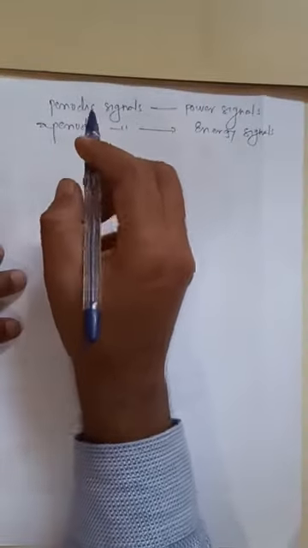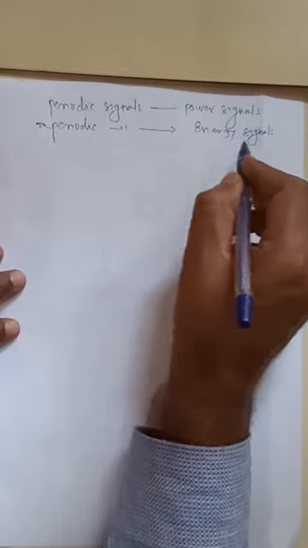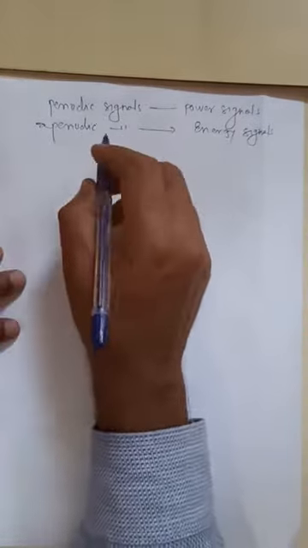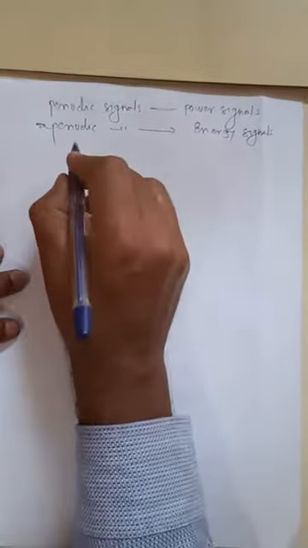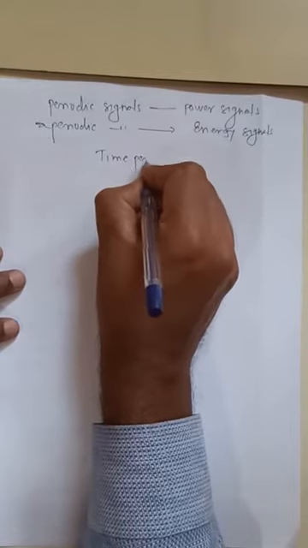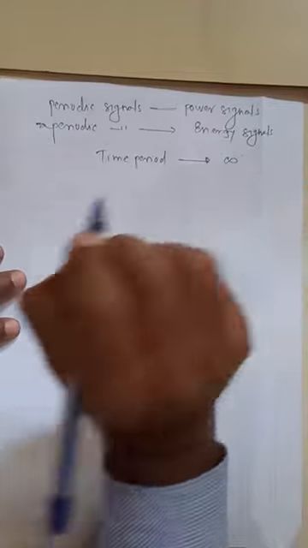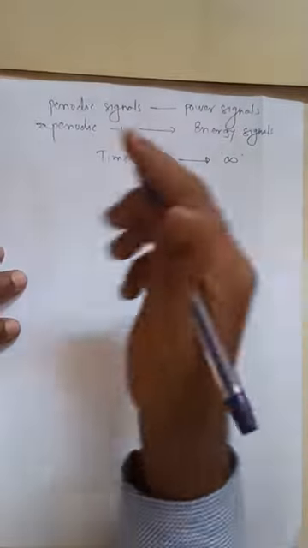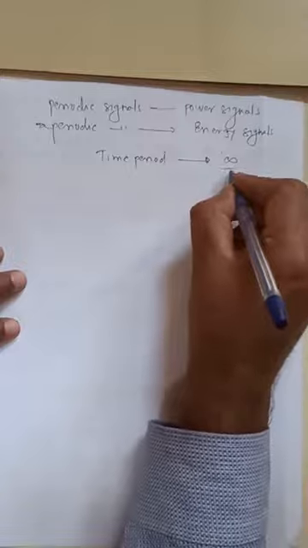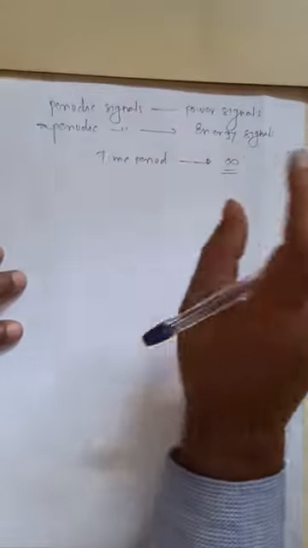Now, ideally, if you speak about the energy signal or aperiodic signals, just now we have seen the example, the ideal time period of an aperiodic signal is infinity. Just now we have seen the example of the exponential decaying CT aperiodic signal. So the ideal time period is infinity, whereas for a periodic signal the time period is finite.